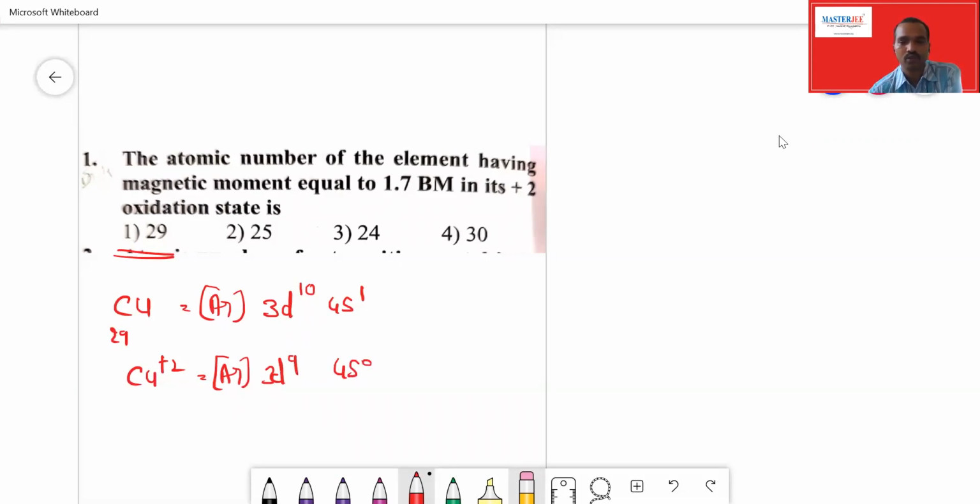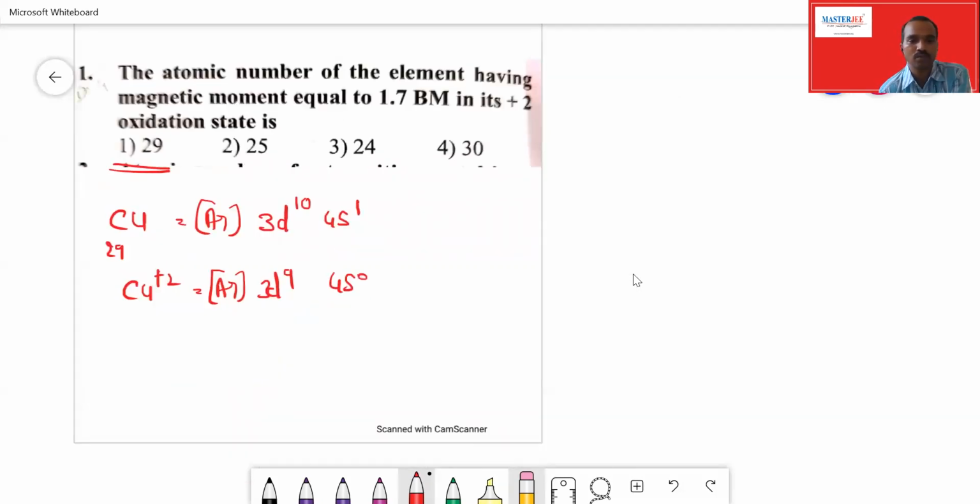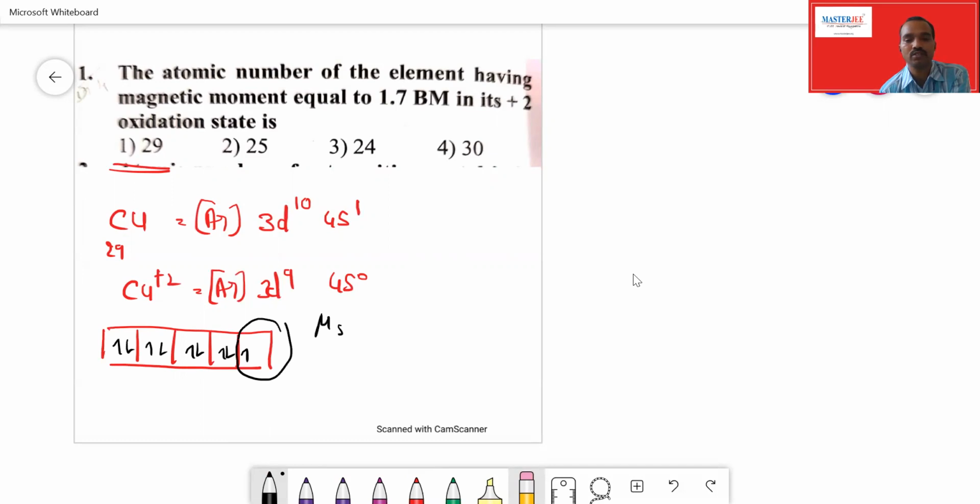Now see how many unpaired electrons are here: only one unpaired electron. So μs is equal to √(1 × (1 + 2)), that is √3, which is 1.73 Bohr magnetons. So this is the correct option.